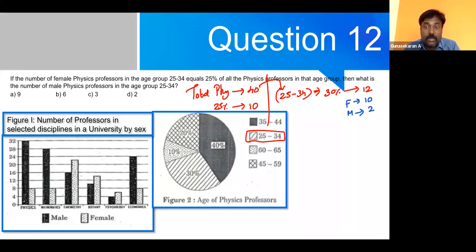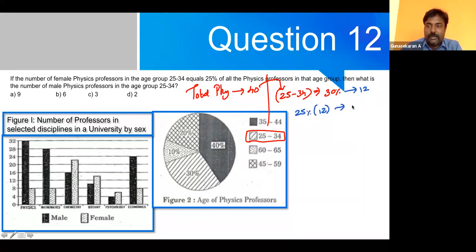In that age group. Okay. So 30% is 12. In that, 25% they are mentioning. So female count is 3. Male count is 9.